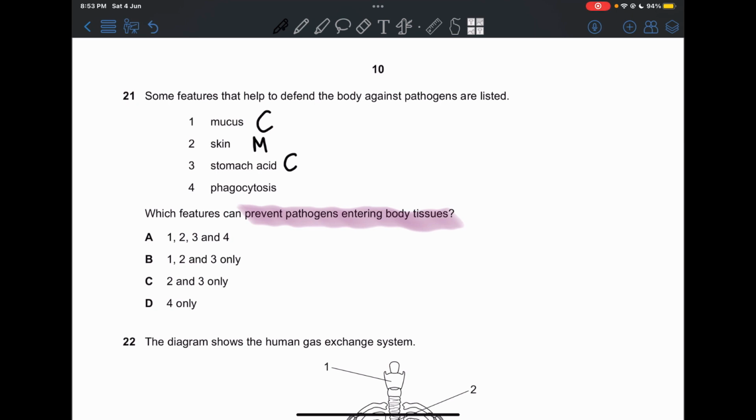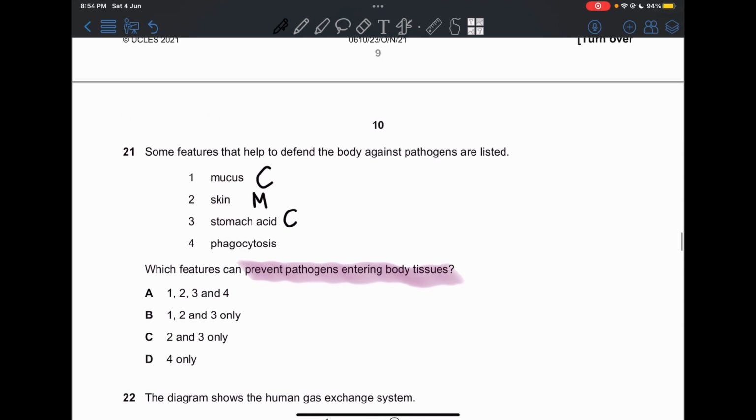So this is when the pathogens are already in the body tissues. Right now we are trying to see which structures will prevent the pathogens from entering the body itself. So phagocytosis will not work. So we're going to be choosing an option with 1, 2, and 3. Now this is exactly not option B.